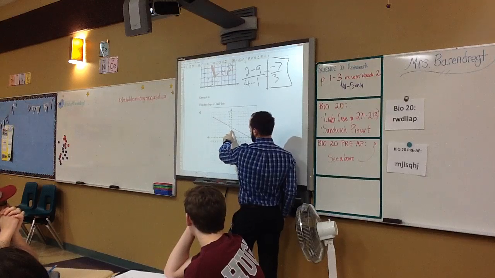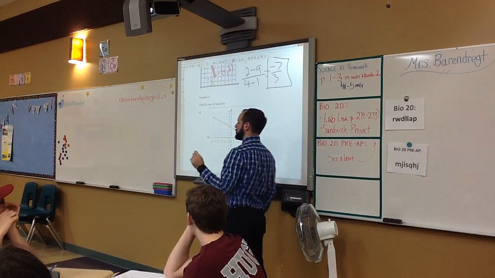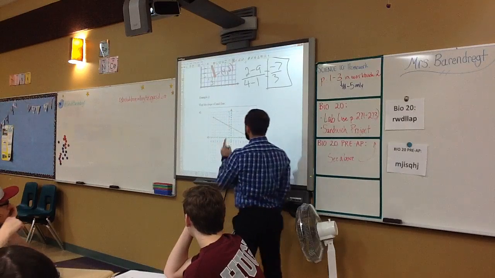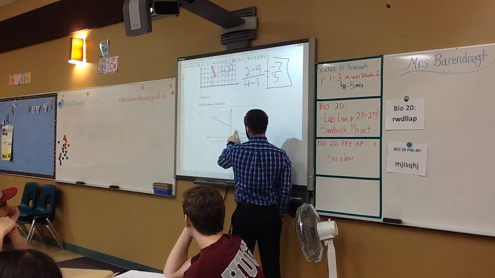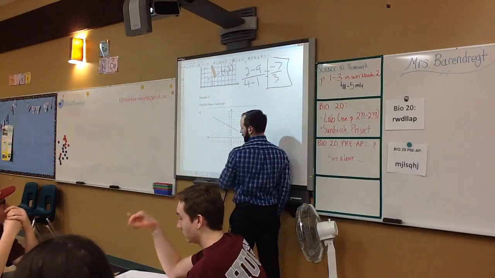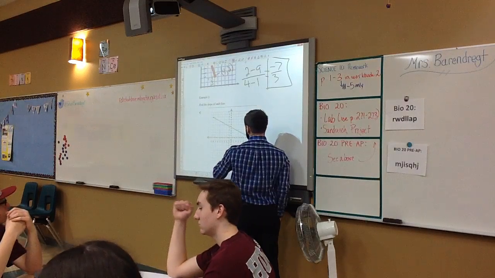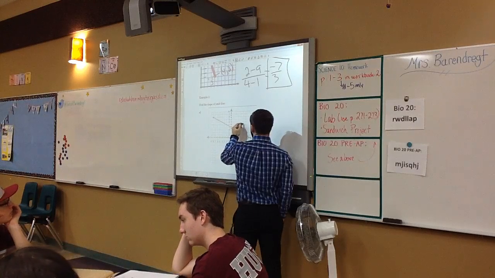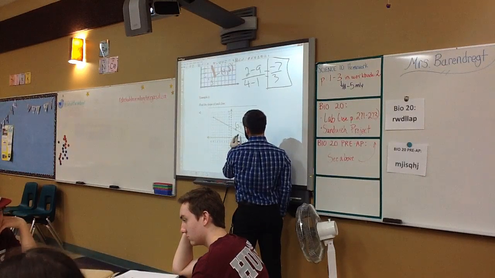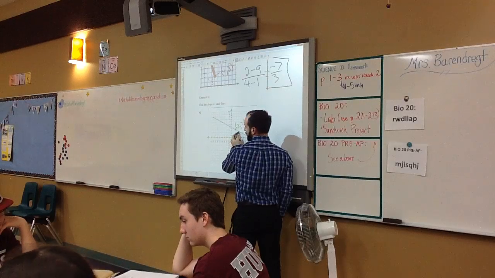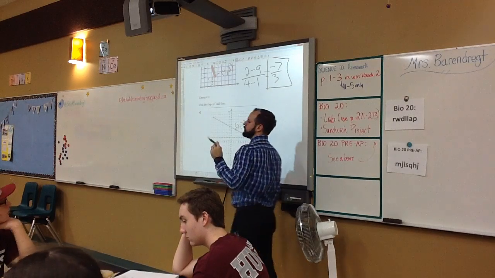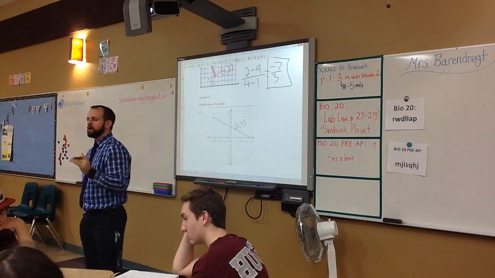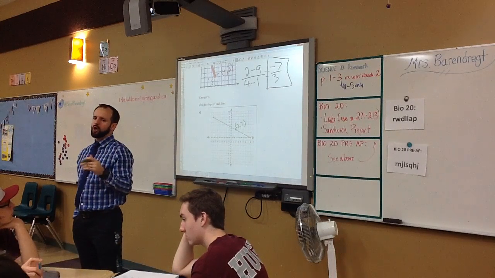I don't know for sure if this is 3.5 or 3.4 or 3.6 or 3.45, but I know for a fact that this point here is at 2 and 3. That makes sense? This is absolutely going to be 2 and 3, whereas I don't really know if that's 2.5 or not. Pick your points as best as you want, but make certain that they are points that are for sure on your graph.